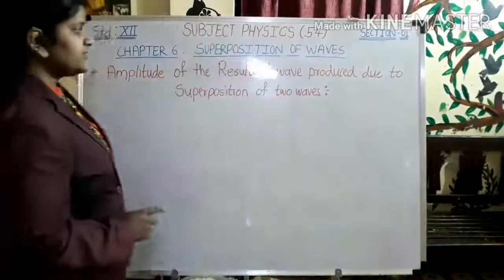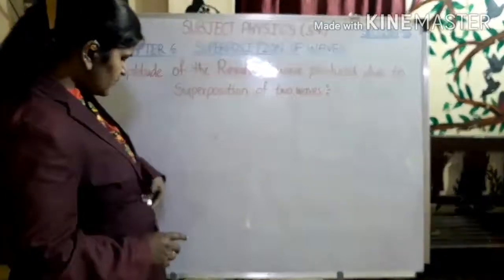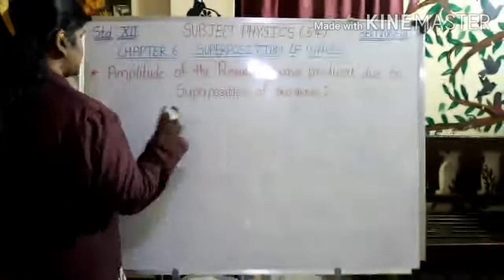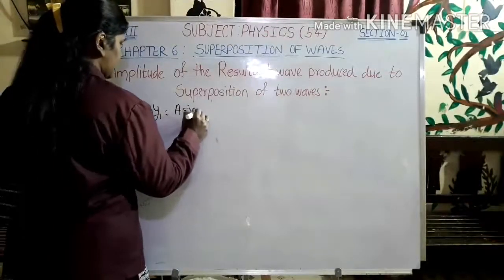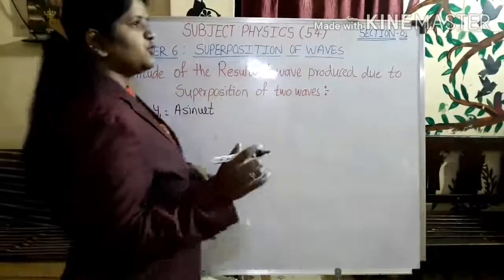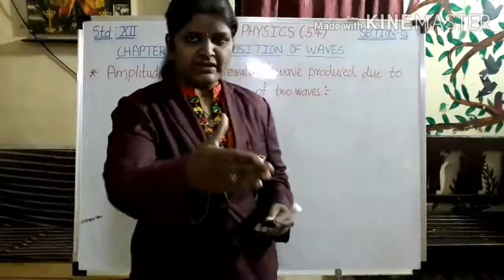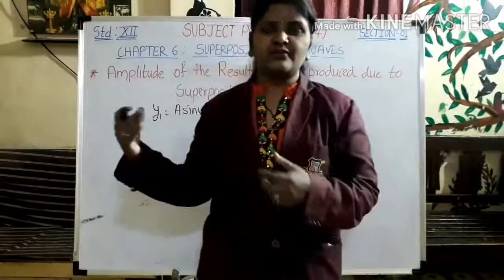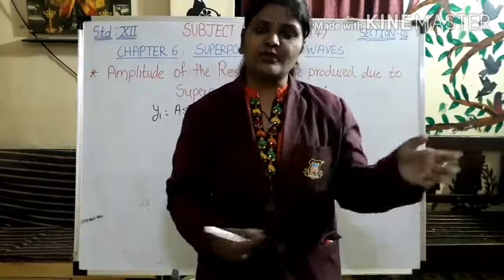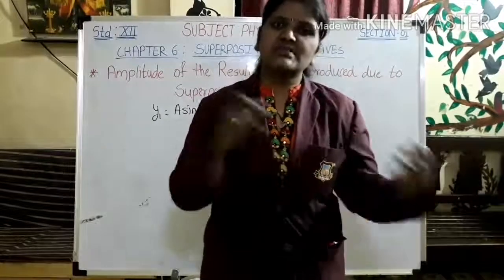Fine, so we are going to consider one wave which has displacement like this. As I told you, when one wave is moving in a medium, the second wave is coming from the backside of the first wave. When one is moving forward, after some time the second wave comes.